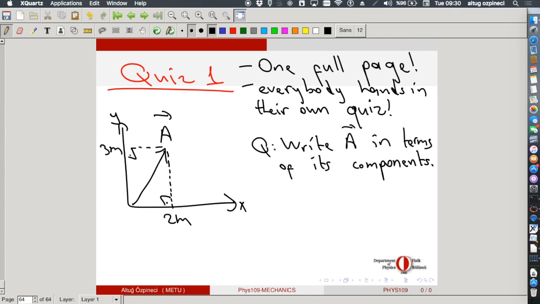Just write the answer. The quizzes are supposed to be very short, easy to answer, and easy to read. And once you hand in your quiz, you should start chatting when you go out of the classroom.